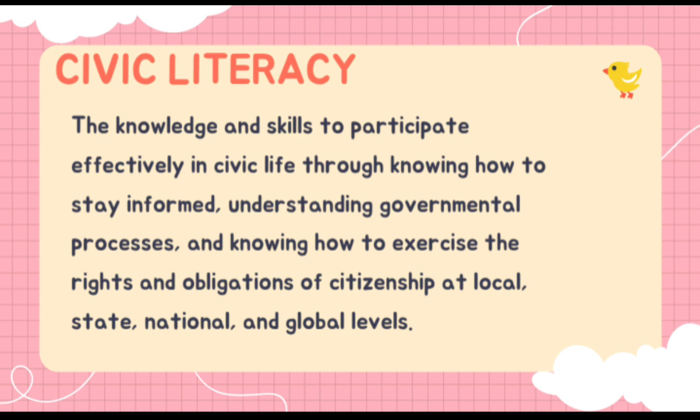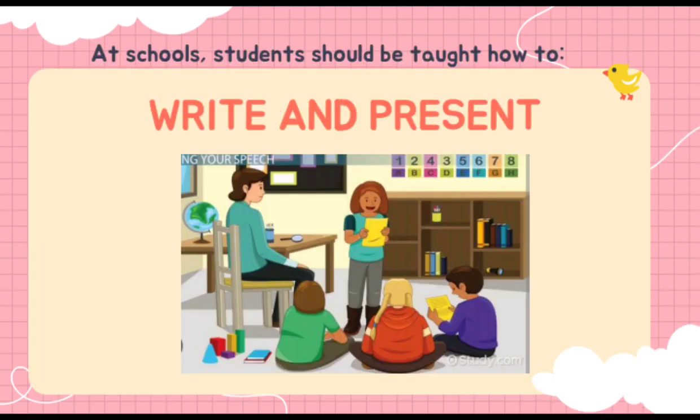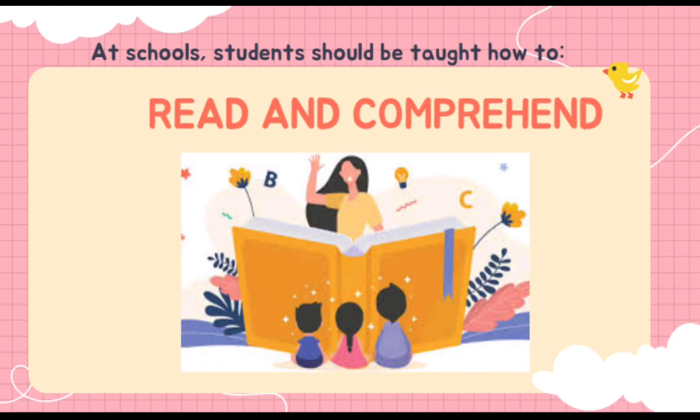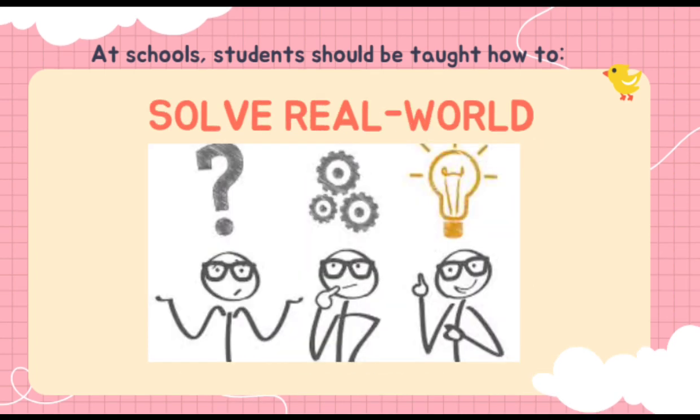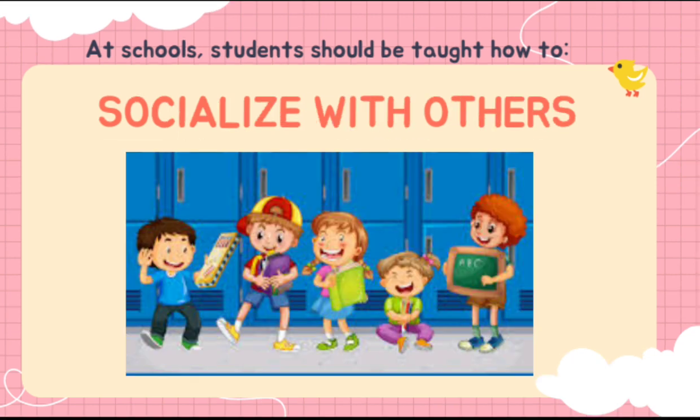The knowledge and skills to participate effectively in civic life through knowing how to stay informed, understanding governmental processes, and knowing how to exercise the rights and obligations of citizenship at local, state, national, and global levels. At school, students should be taught how to write and present ideas, read and comprehend, solve real-world problems, and most importantly, socialize with others.